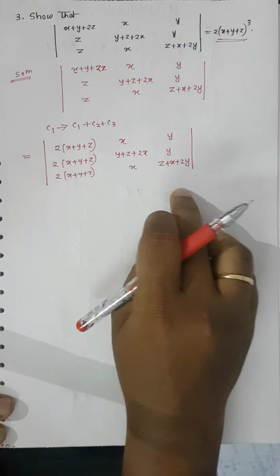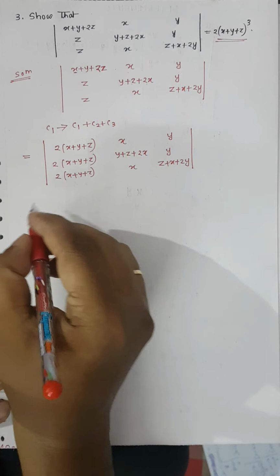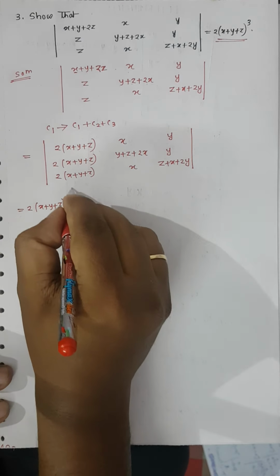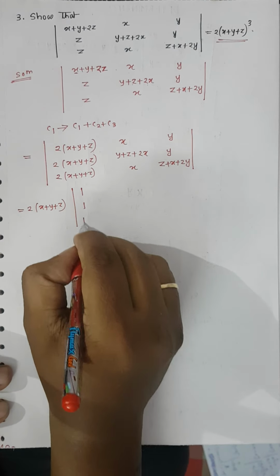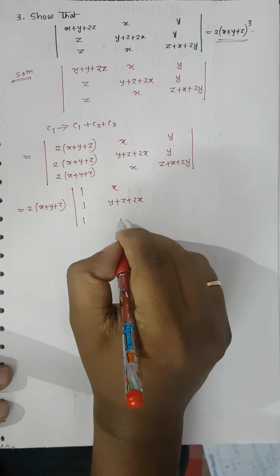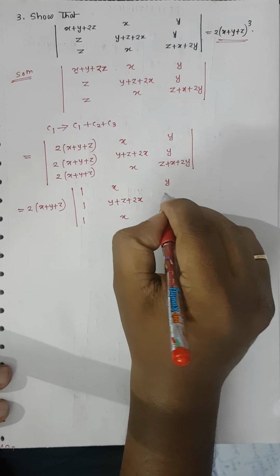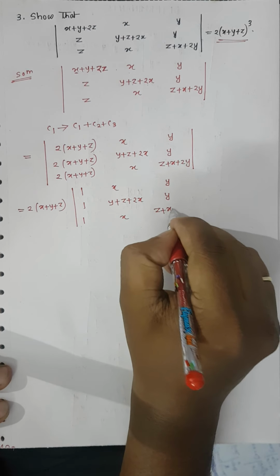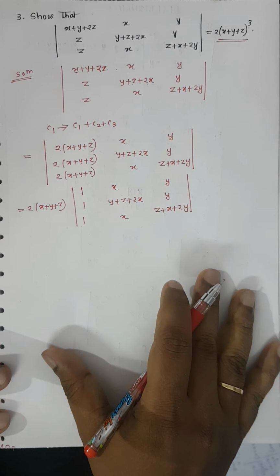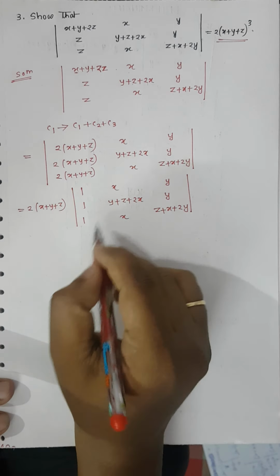Now from column 1 you can take common 2 into (x plus y plus z). It becomes 1 1 1 in column 1, with x, y plus z plus 2x, y, and z, x, z plus x plus 2y. Now I will try to make zeros in column 1.